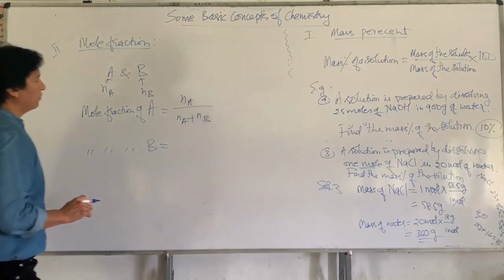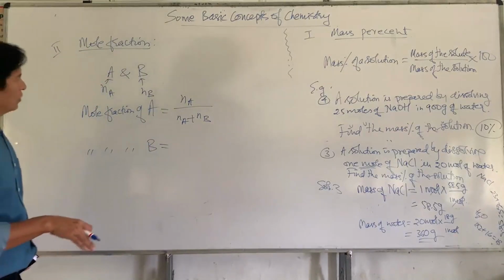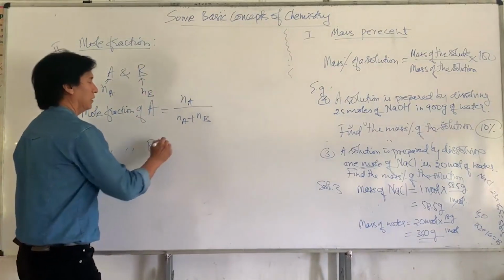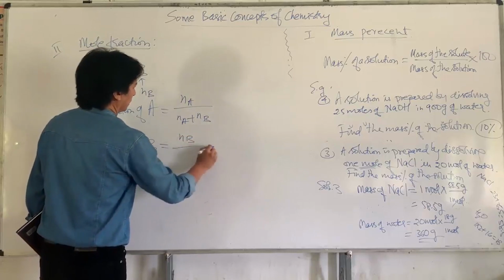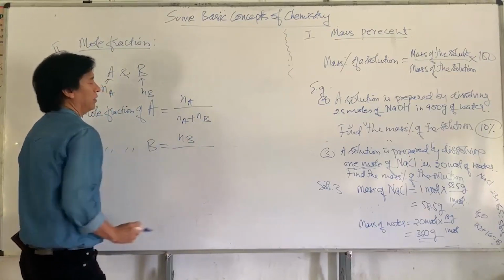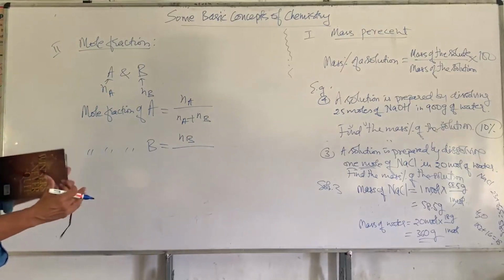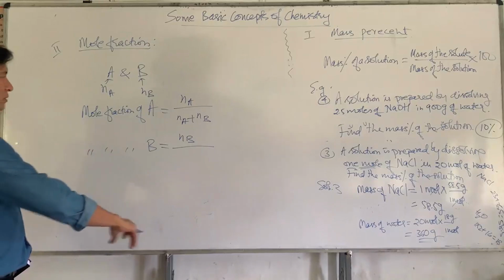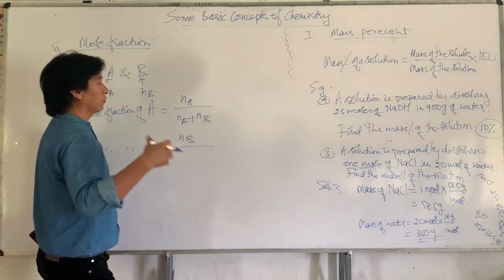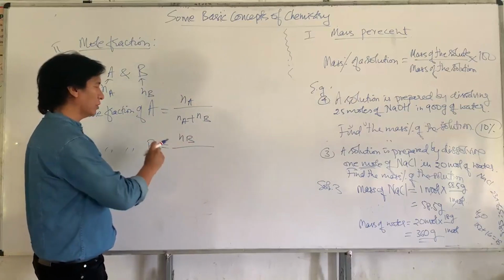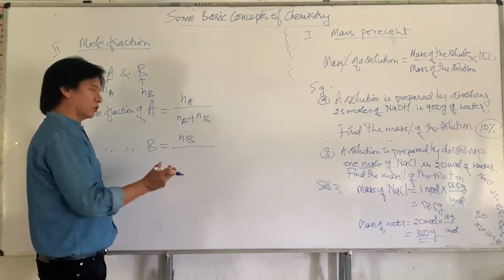If you have to find the mole fraction of the second component B, that is the solvent, then you will have to write Nb here. This is the number of moles of component B divided by the total number of moles of the solution, that is the number of moles of component A plus the number of moles of component B, the solute plus the solvent together.